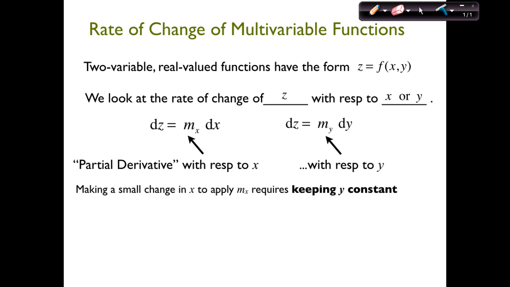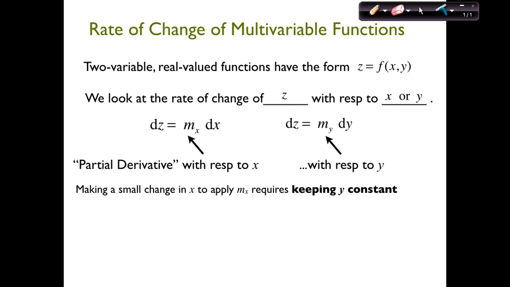So for the partial derivative with respect to x, in order to analyze that, what does that require? We're going to hold y constant, right? We don't want y to change. We want to keep y constant, so we isolate how z changes just when x changes. Does that make sense?